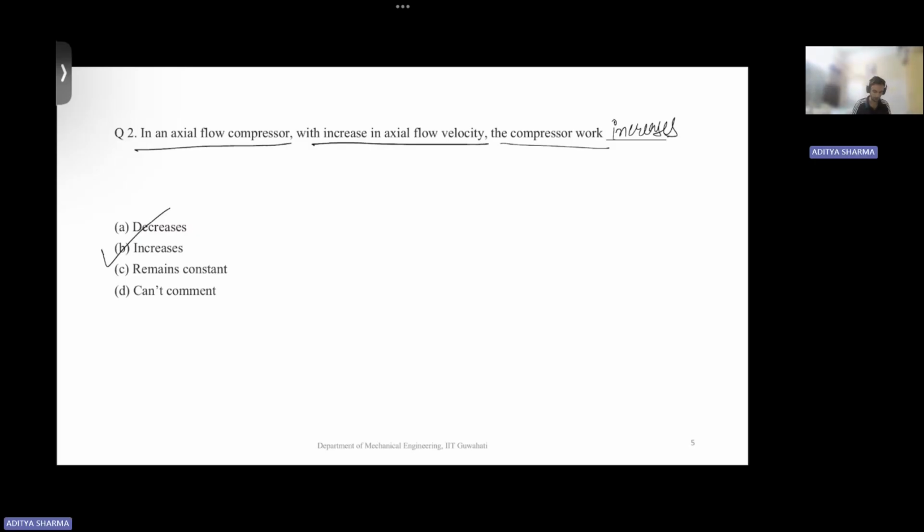This was question number 2. I hope this is clear and there is no doubt in it. If you have some doubt, you can just type in the comment box and I'll be happy to answer.